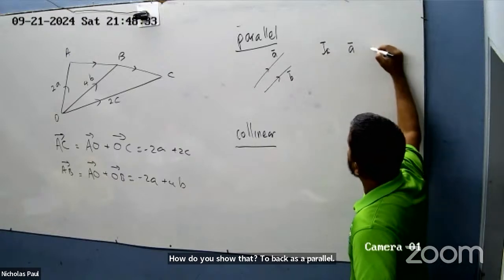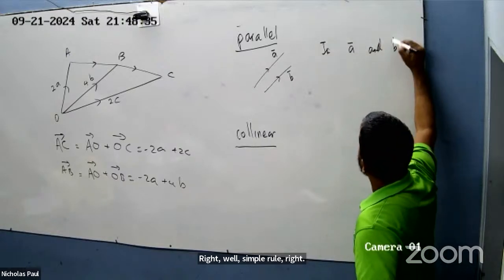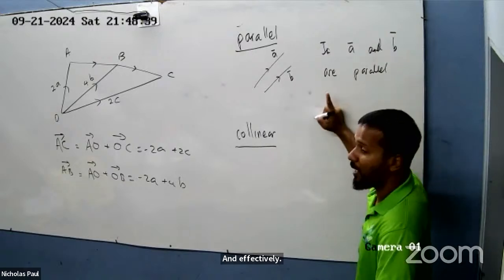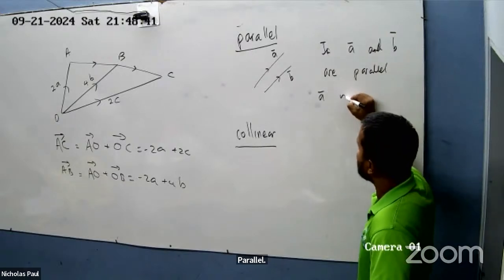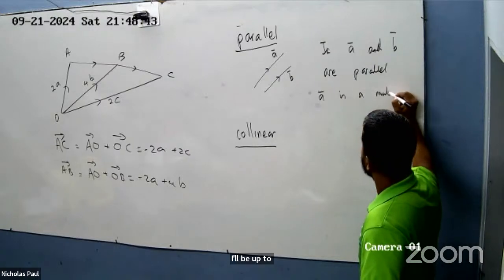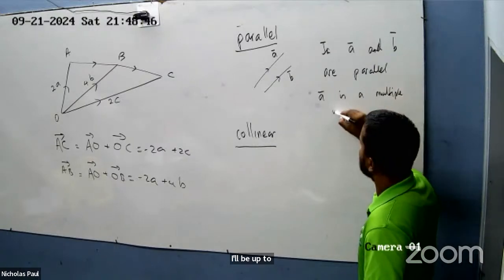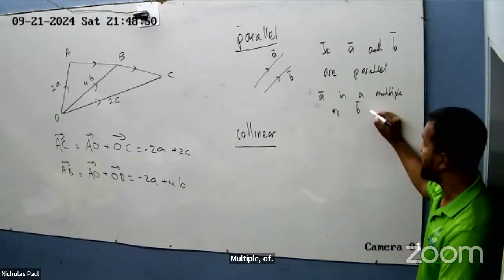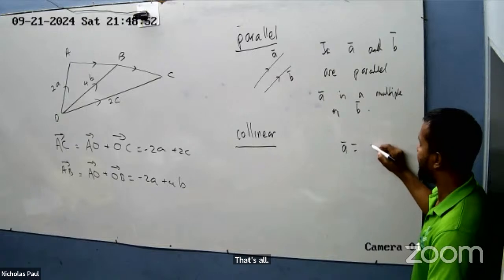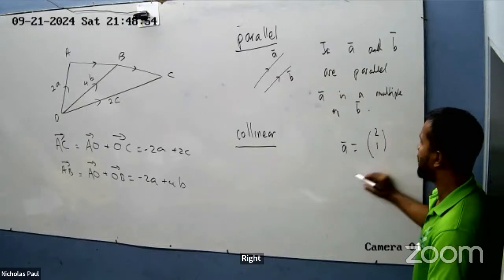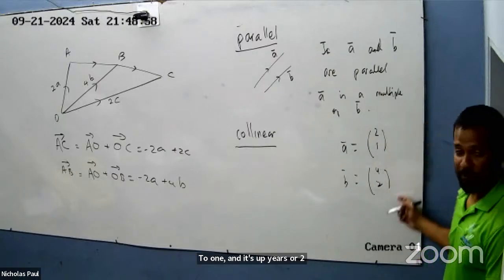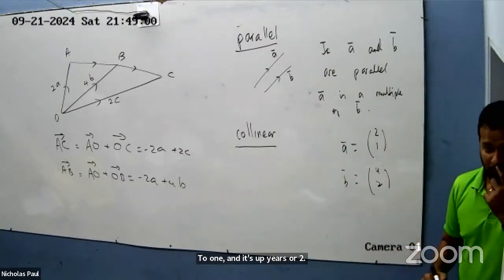So if vector A and vector P are parallel, all we have to show is that A is a multiple of P. That's all. Right? So for example, if the vector A is (2, 1) and the vector B is (4, 2), these two vectors are parallel. Right?